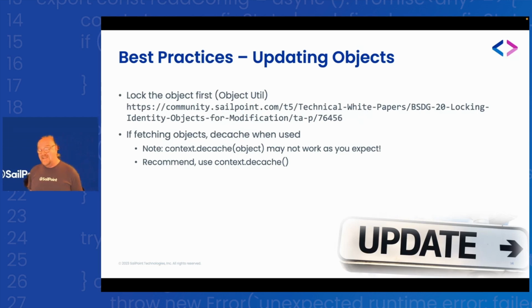So let's say the identity: if you grab an identity and iterate through its links, or look at what roles it has, then when you decache the identity object, you're just decaching the identity and not its children, and they will still live in the cache, and you may be wondering why you're getting cache problems. So I would recommend you use context.decache without an object if you're doing that, and then you're absolutely expediting the Hibernate cache issue.